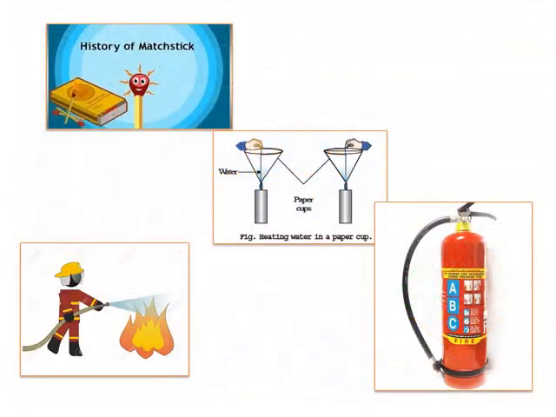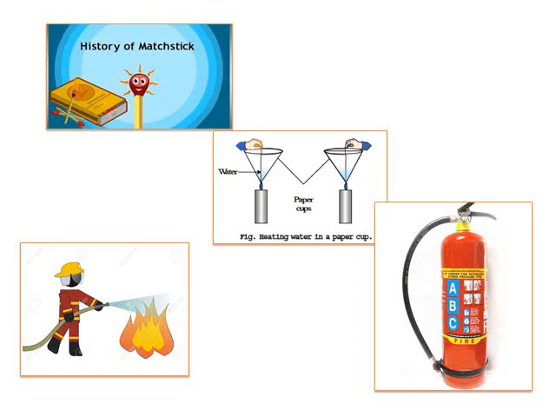To start with today's lesson, let us see the topics we are going to discuss. The first topic is the history of matchsticks, and how the matchstick we use now has evolved.